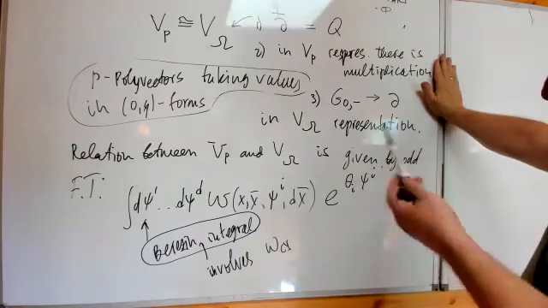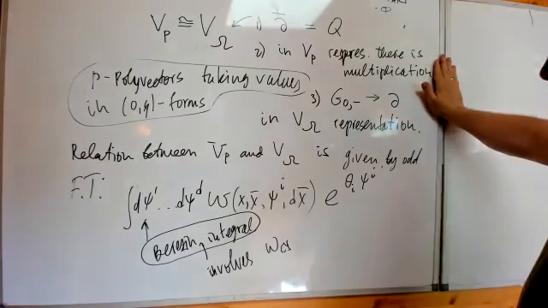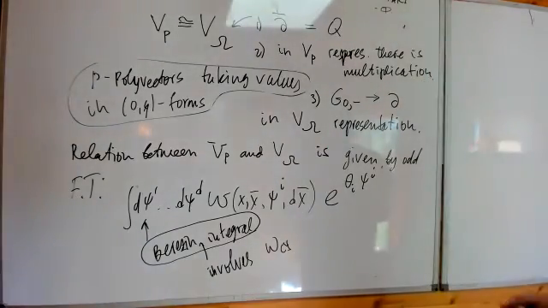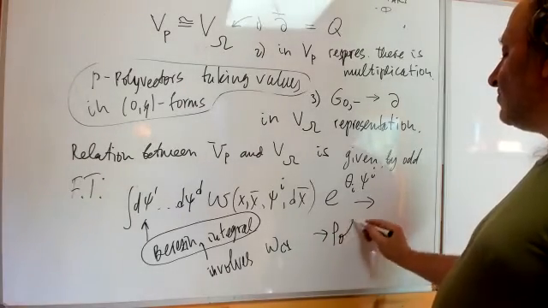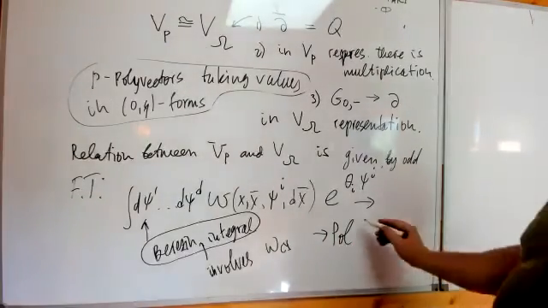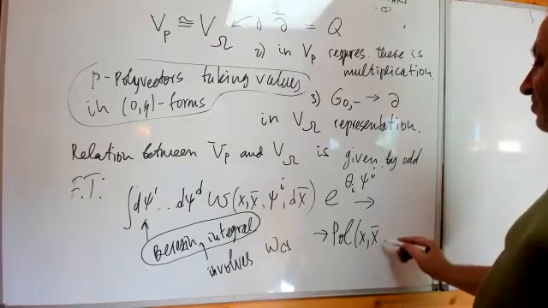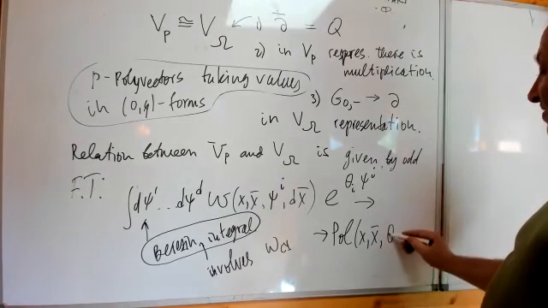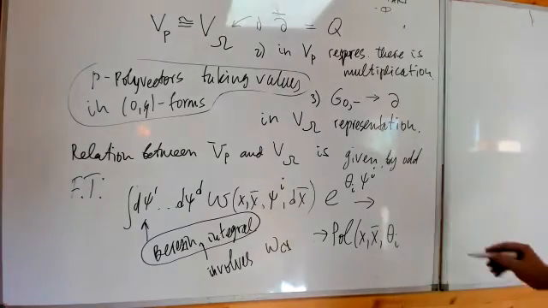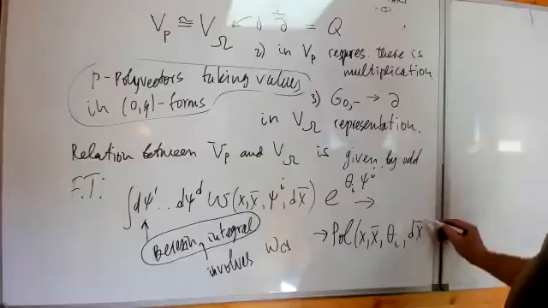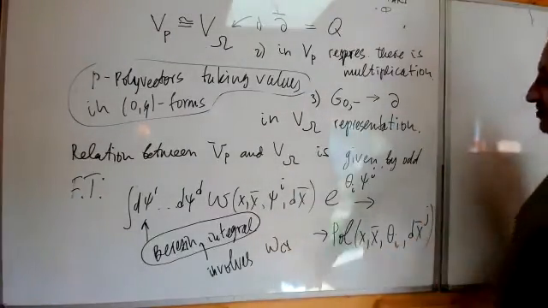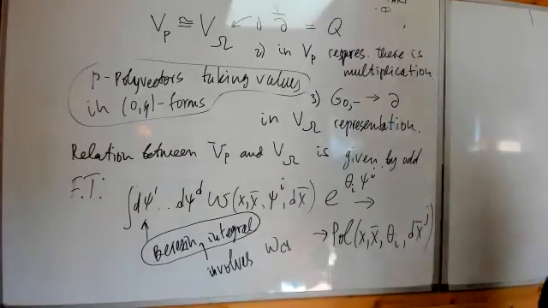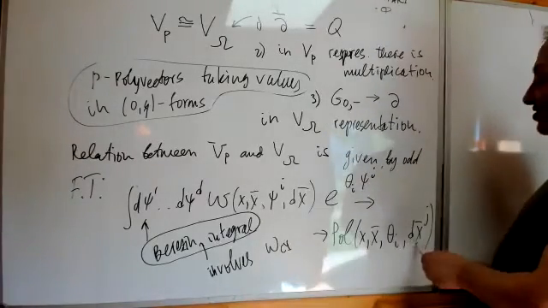And when I do this, I will get polyvector that is a function of x bar, theta I with lower index, and dx bar with the upper index. So when I decompose, I will get polyvector that takes values in 0Q forms.